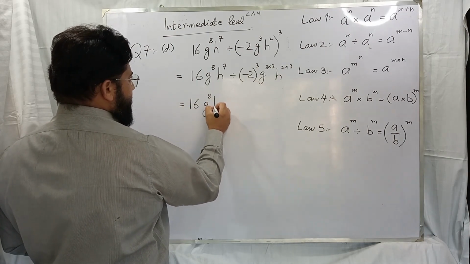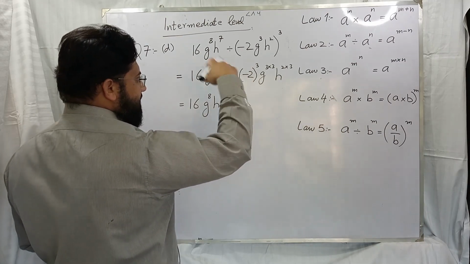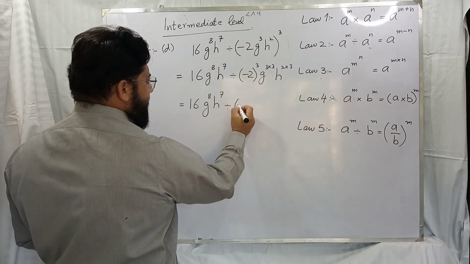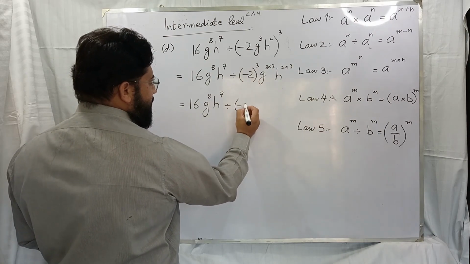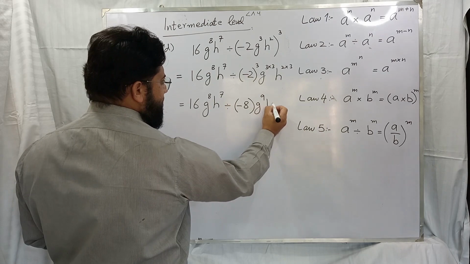In the next, g to the power 8, h to the power 7 divided by minus 2. Minus odd times, I'll get a minus sign. 2 to the power 3 means 8, g9, h6.